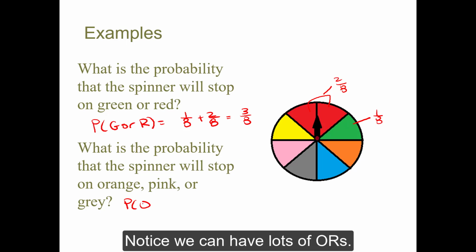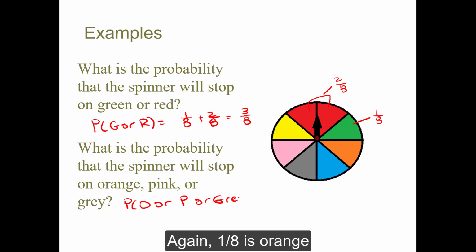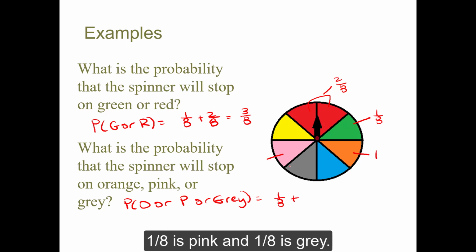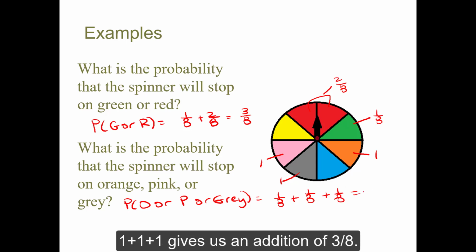So notice that we can have lots of ors. So again, 1 out of the 8 is orange, 1 out of the 8 is pink, and 1 out of the 8 is gray. So 1 plus 1 plus 1 is 3/8.